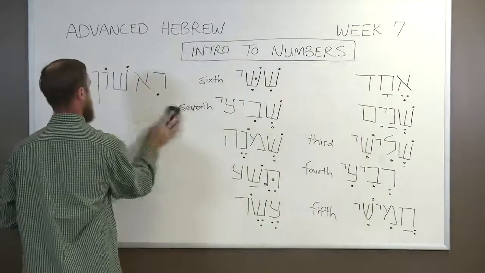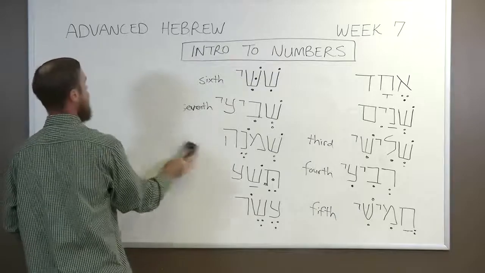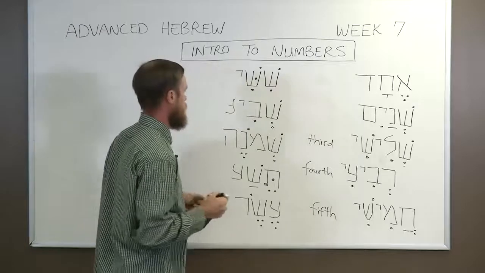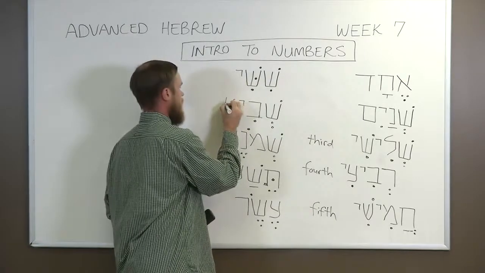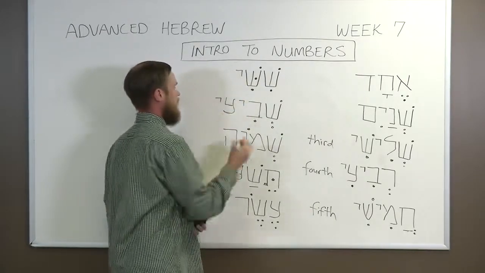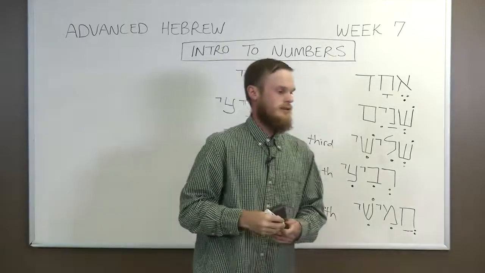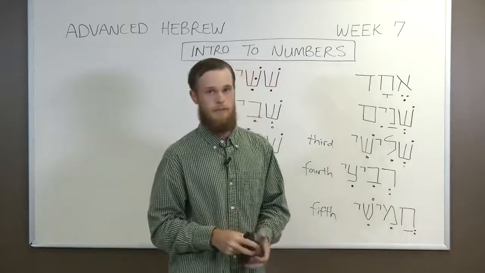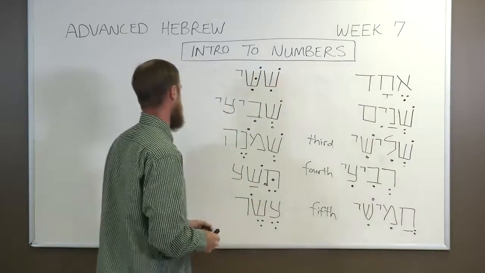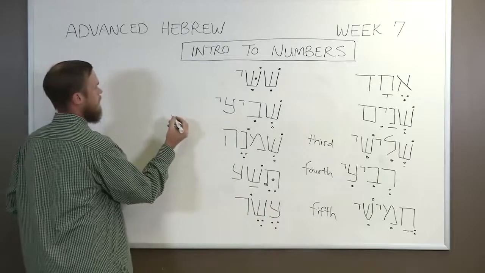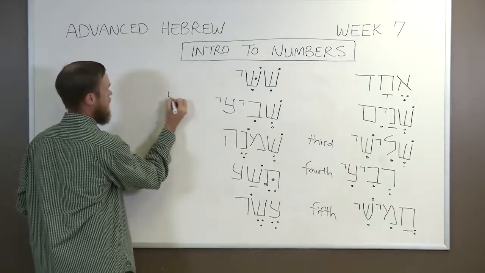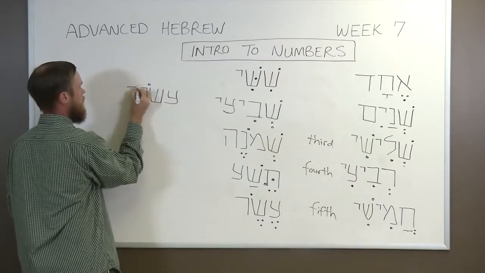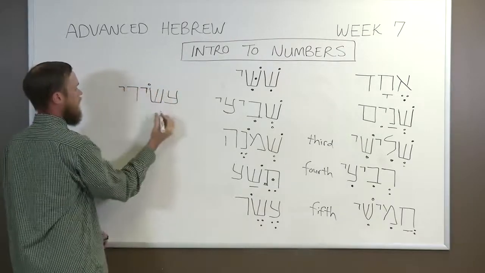There's another, it's really the same use of ordinal numbers, but there's another sense in which they can be understood. A lot of times, if we want to mention a fraction, so let's say a tenth, we can say Asiri.